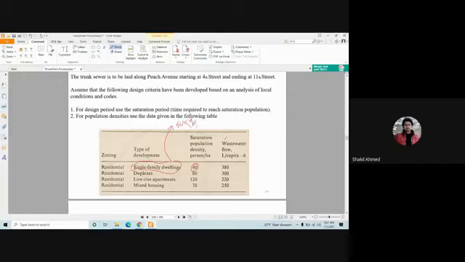Now, wastewater flow from this land usage is 380 liter per capita per day. That means one single person from this land usage produces 380 liter wastewater in a single day. Did I make it clear? Yes, sir.